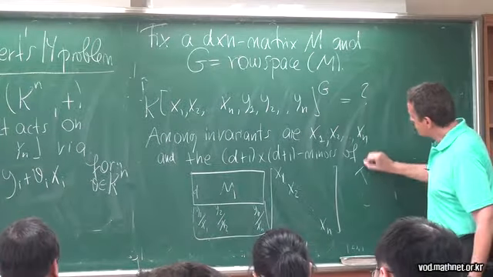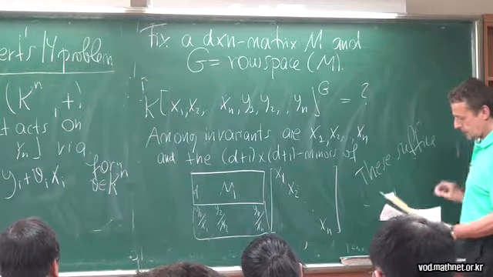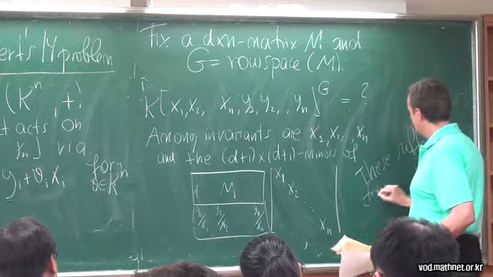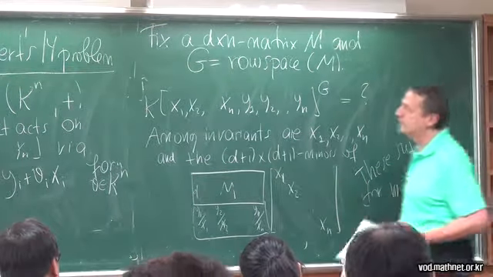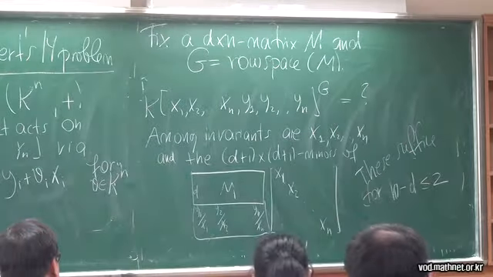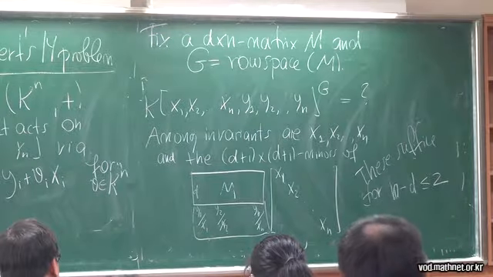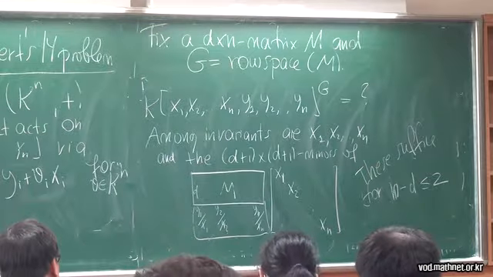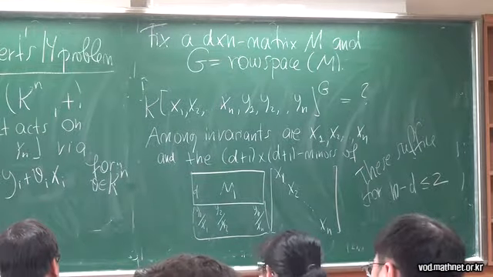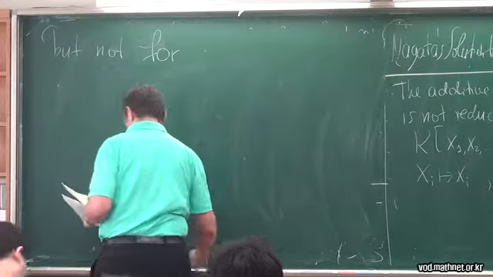Now sometimes they generate. So these suffice in some cases. Namely, if n minus d is at most 2, then they actually generate this ring of invariants, but not in general.